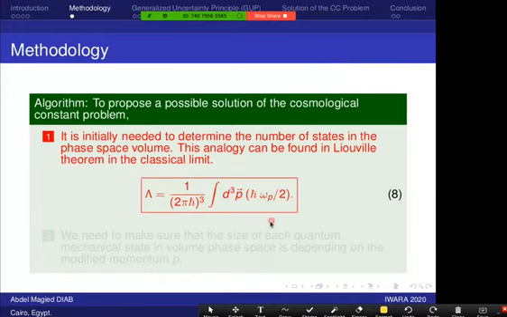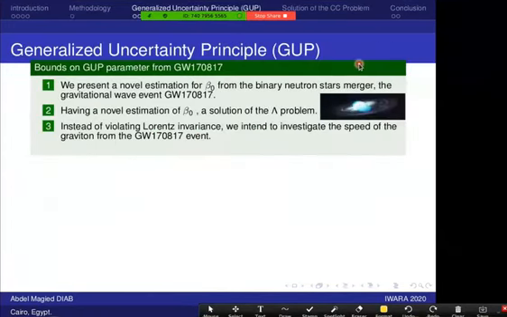Before we do this, we will present a local estimation of the GUP parameter beta naught, which would be useful for the solution of the cosmological constant problem.